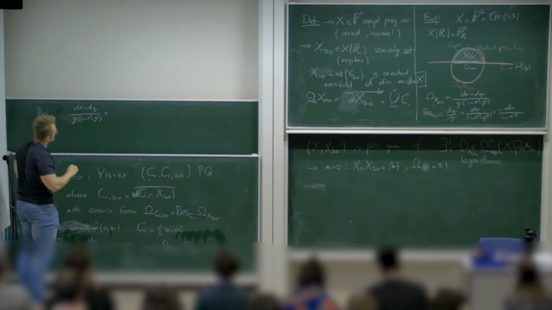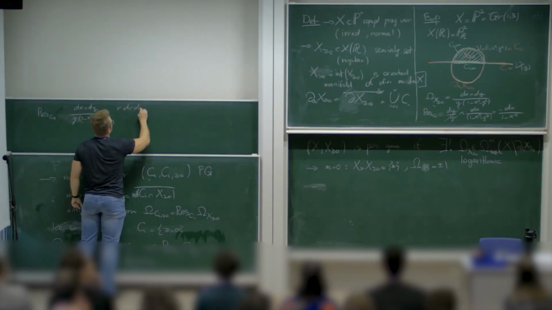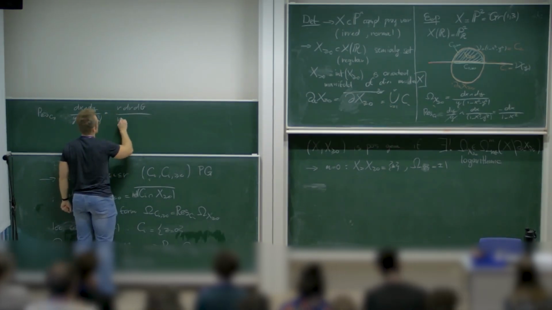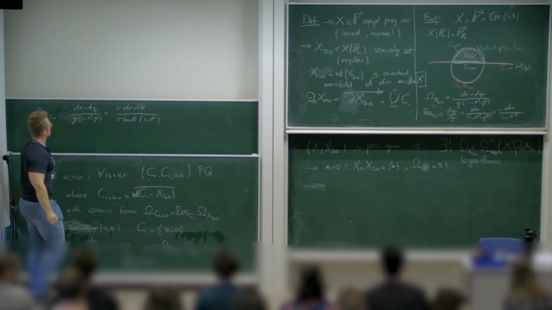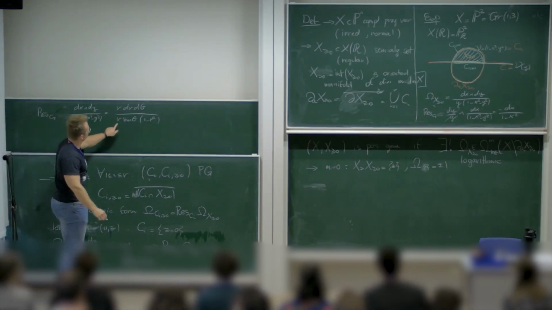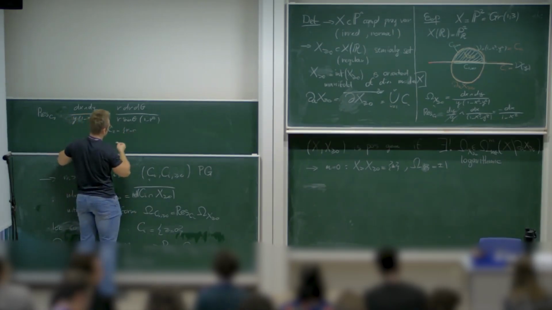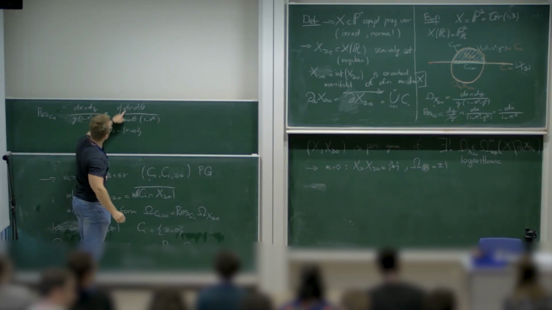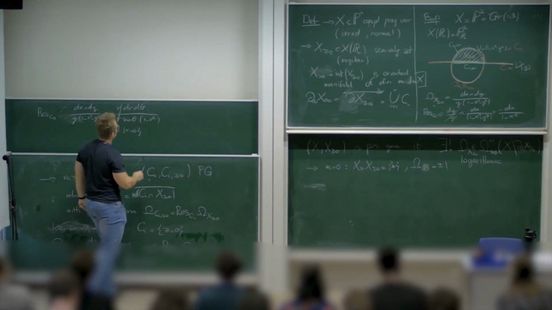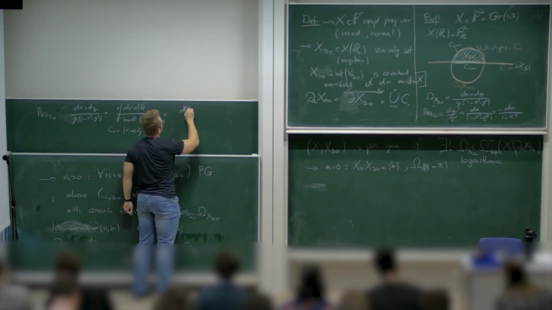If I write x equal to r cos theta and y equal to r sine theta, I can rewrite this in the following way. And now C2 is given by the vanishing of r, and this pole is now exposed. I have dr times 1 minus r, so I am left with d theta over sine theta.